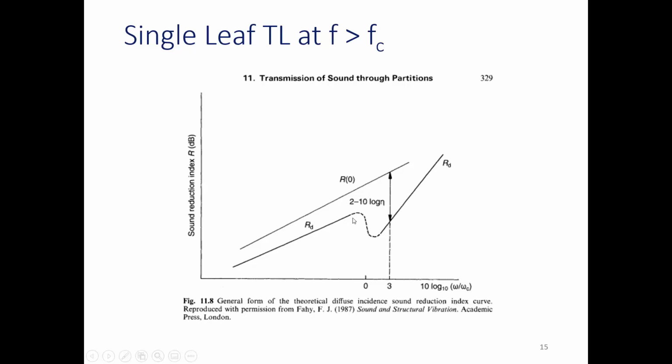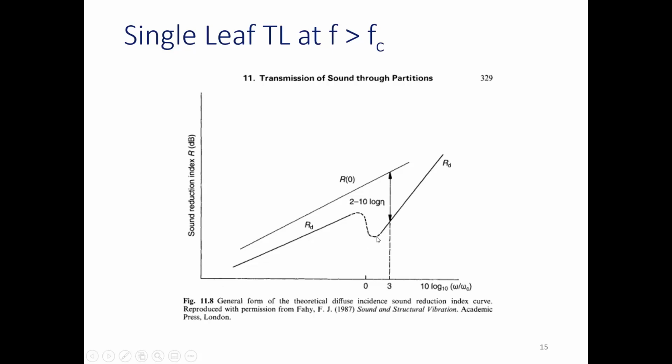Those track along pretty closely up until you get to this coincidence dip. So right here at 0, that's where that coincidence dip is going to occur. And you're going to get this fall in transmission loss or sound reduction.